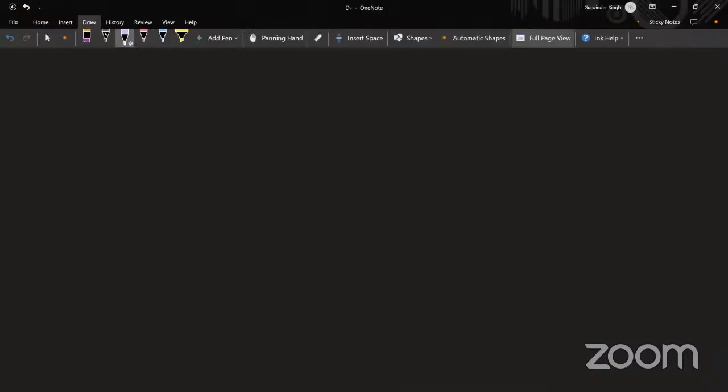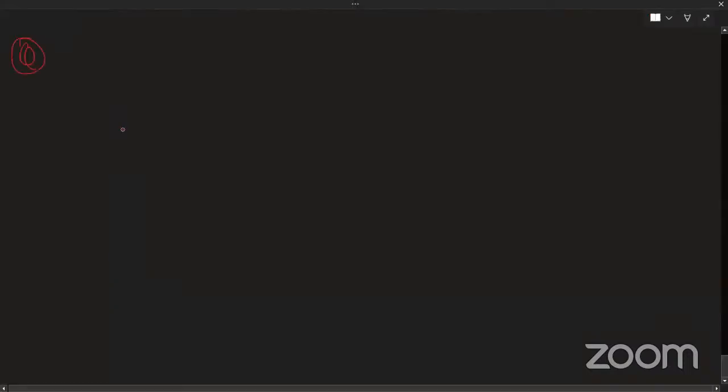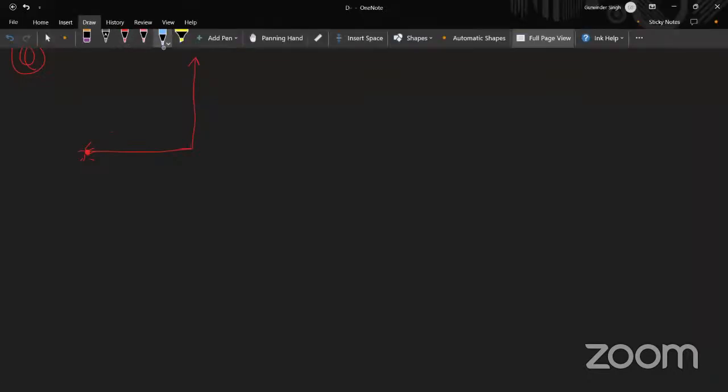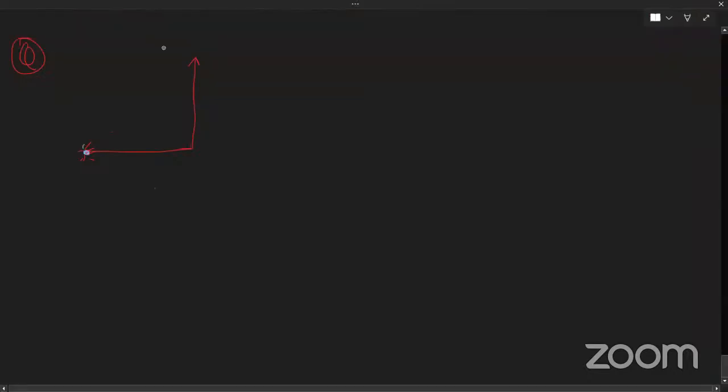So one last question before going. I've got an observer over here and a helicopter is rising vertically above. At any point, this person is seeing the helicopter at an angle pi by 4.